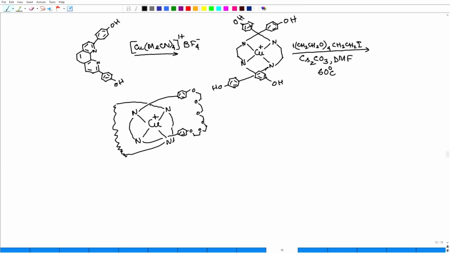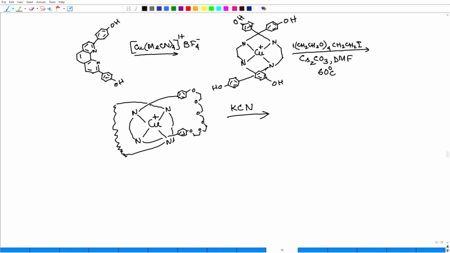So, if we now react with excess potassium cyanide, it will take out copper(I). Okay.